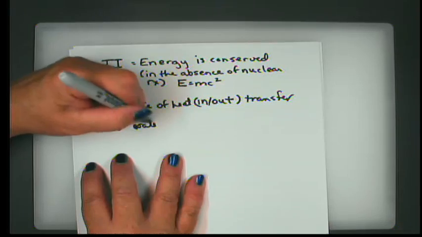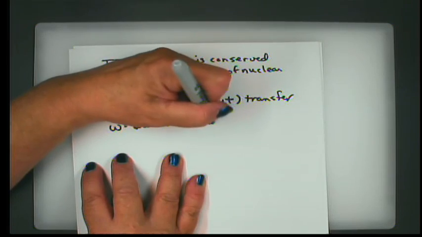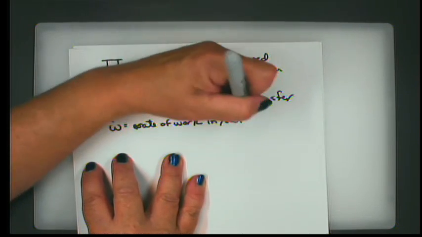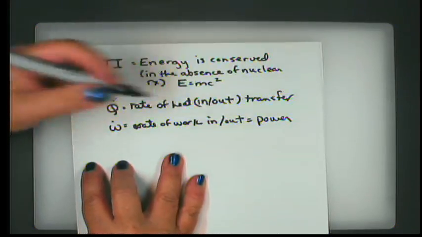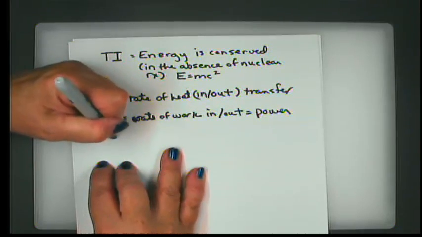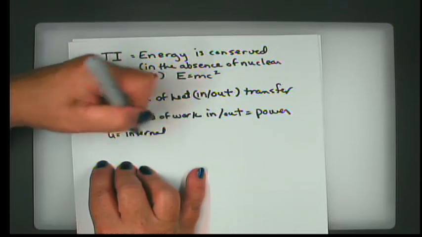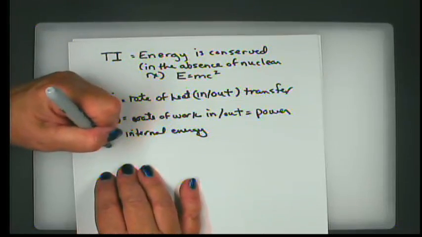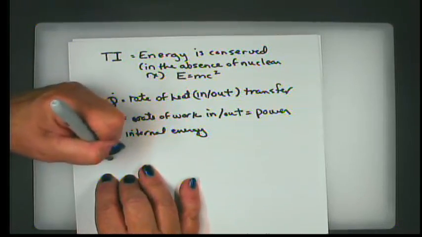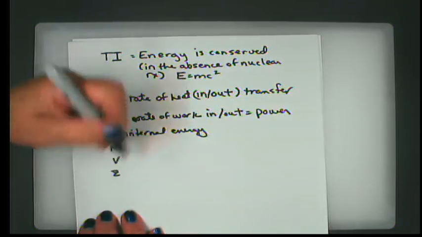I will have to say rate of work, in or out. And that is referred to as power. We have little u, which is internal energy. And also we have pressure and velocity and energy of position, right?